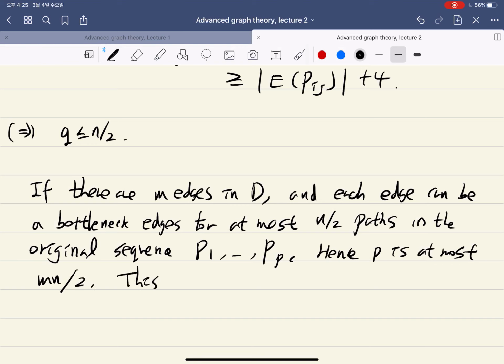So this proves that this algorithm must end within at most mn over 2 steps. This proves the theorem.